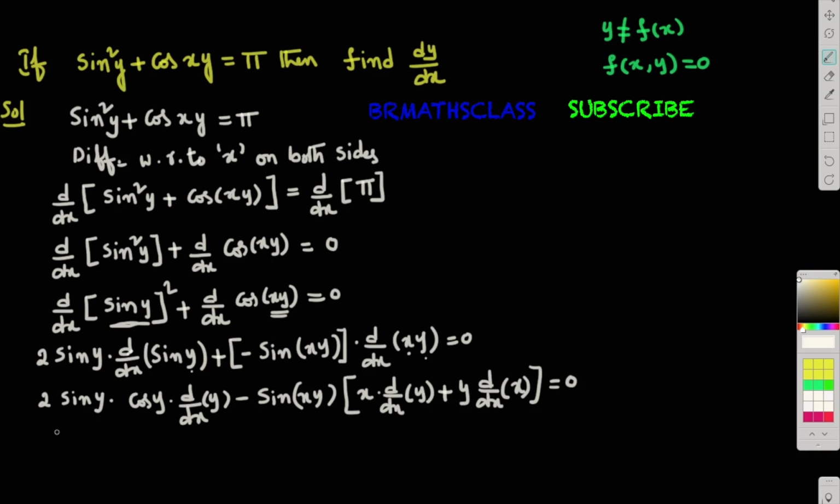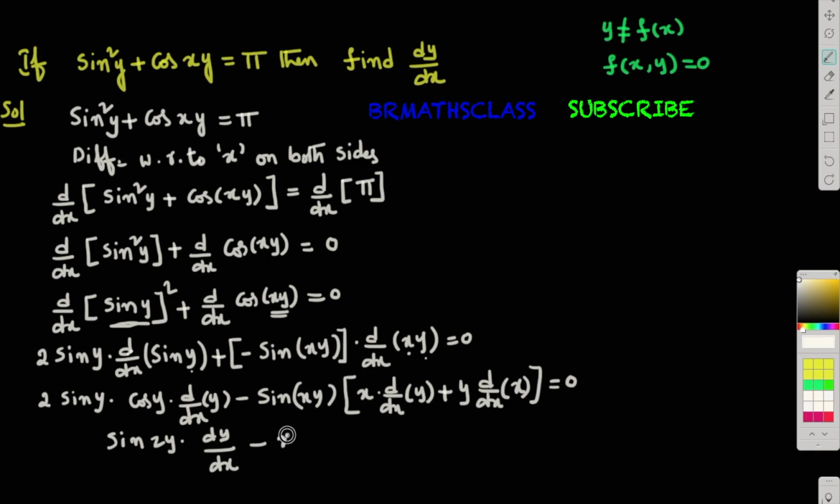Now if we simplify this further, 2 sin y into cos y. The formula for 2 sin y into cos y is sin 2y, into d by dx of y, which is nothing but dy by dx, minus, you multiply here sin xy with the inside of the brackets. What you will get?